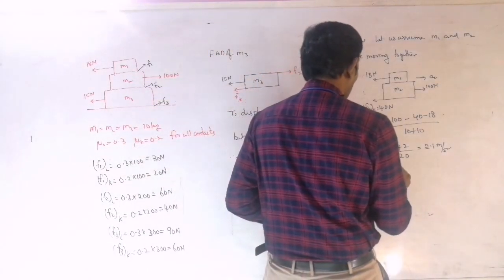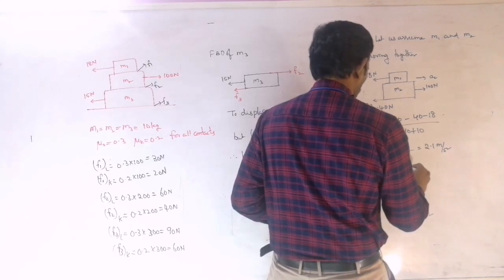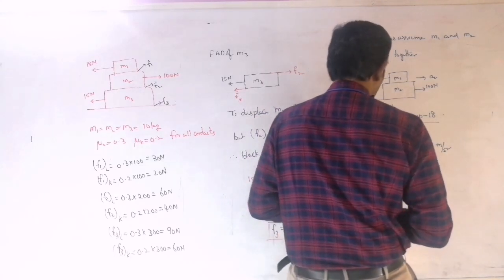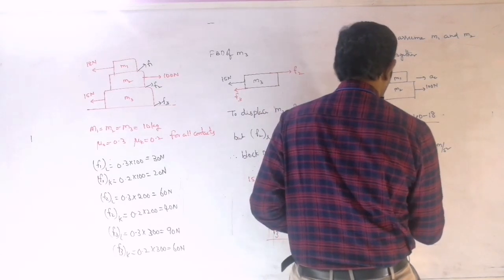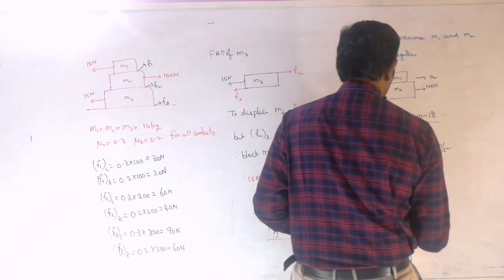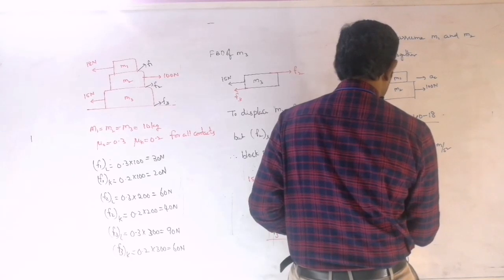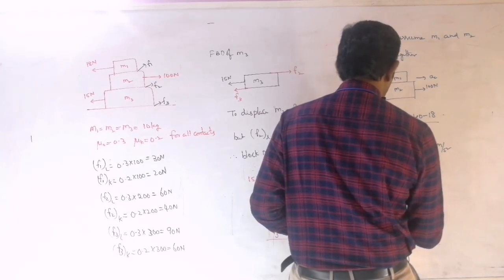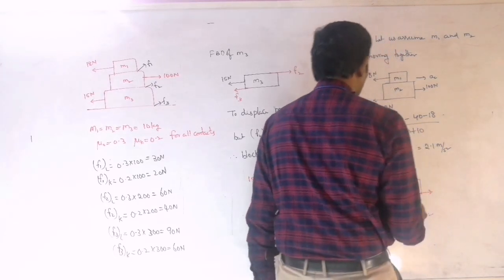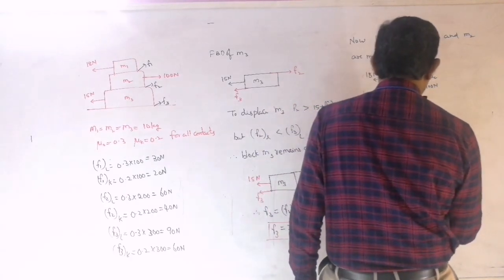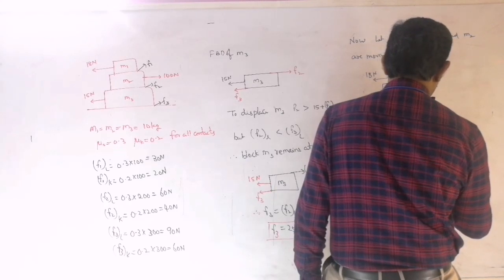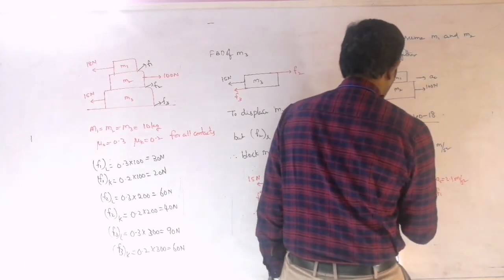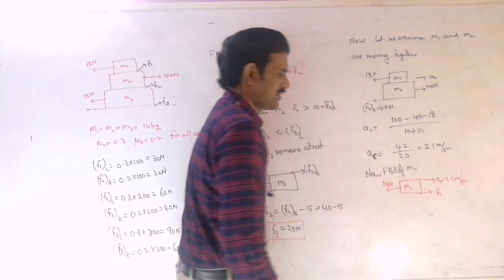Now I take the FBD of only M1. On this side 18 newtons is acting, and on the other side the static friction F1, and there is the common acceleration of 2.1 meter per second square. Is it clear? Only those forces act on the M1 block.